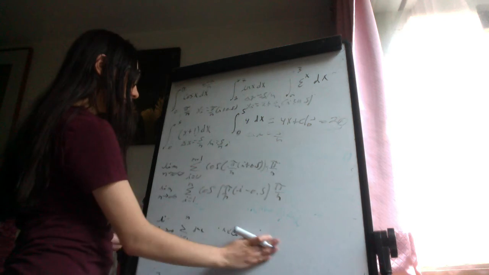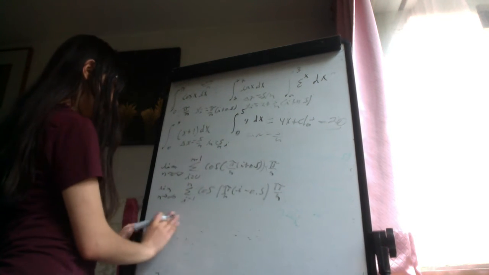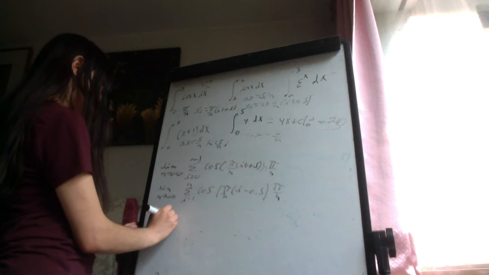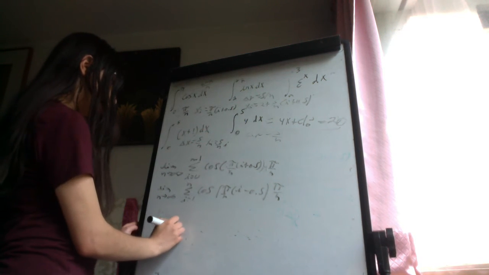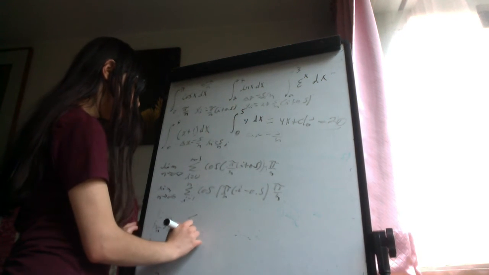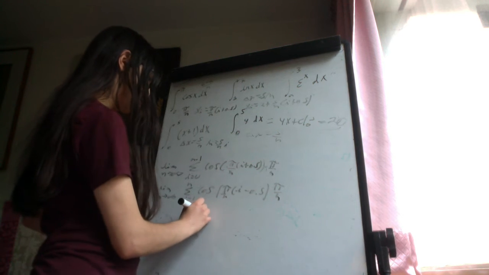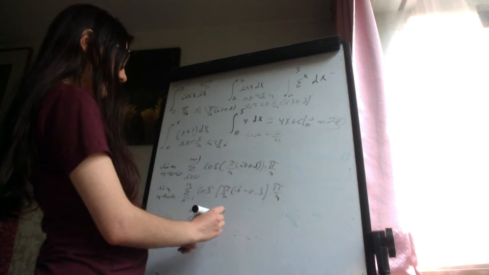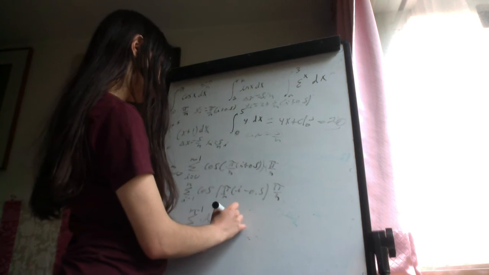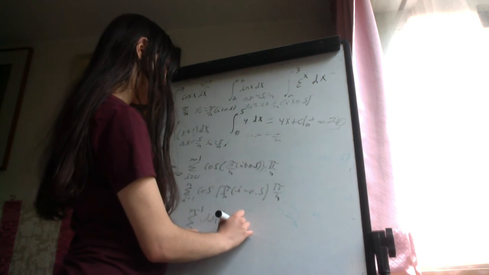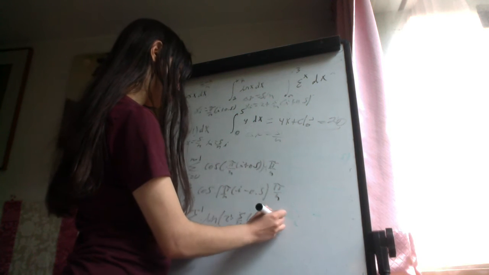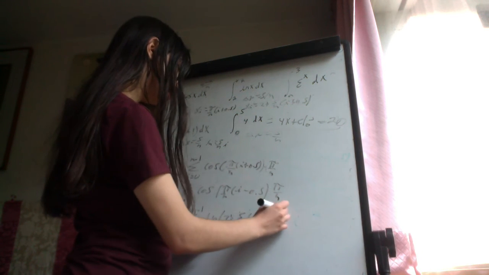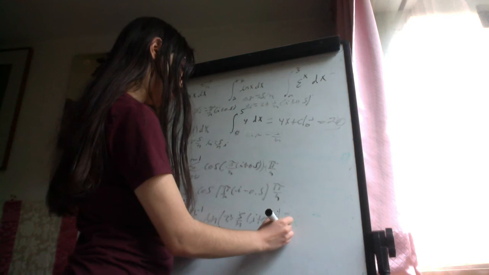So this would be the limit as n approaches infinity of the summation from i equals 0 to n minus 1 of the natural logarithm of 2 plus 5 over n times i plus 0.5, times delta x, that is 5 over n.